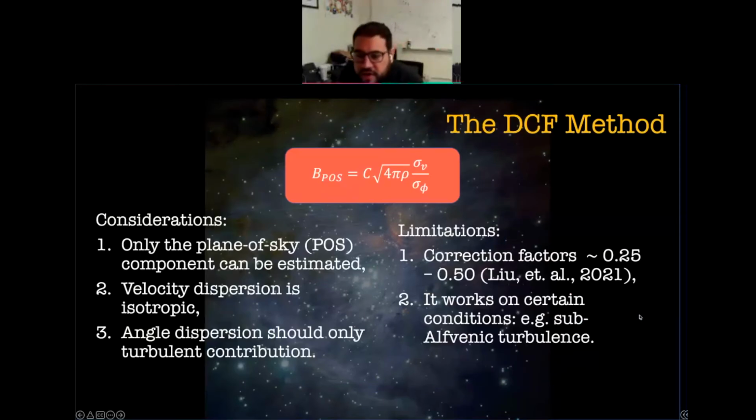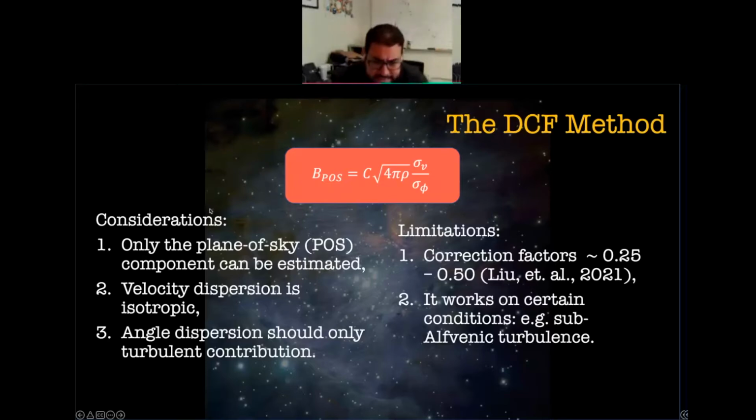However, there are many considerations and limitations that you need to keep in mind when you use the DCF method. Yes, it is simple and powerful, but you have to know the conditions that come attached with it. One consideration is that when you estimate the magnetic field strength using this expression, you are only calculating the component in the plane of sky.